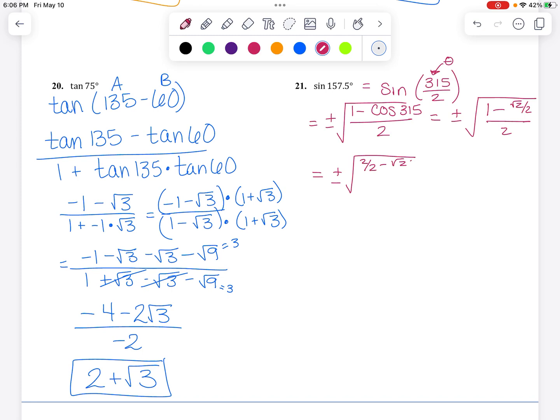Okay, common denominator is 2 over 2, which when I subtract those, I get 2 minus root 2. Whoa, that doesn't even look like a root 2. There we go, over 2. Remember, there's a second over 2. Little trick is those multiply.